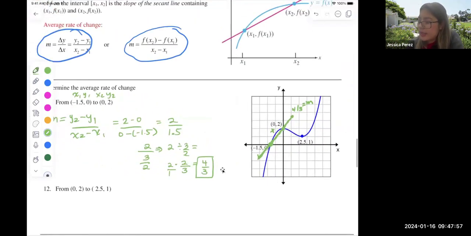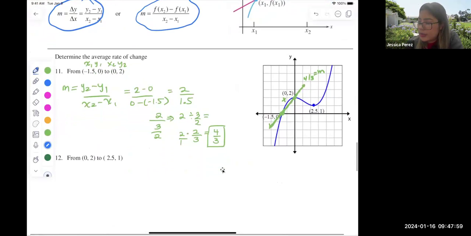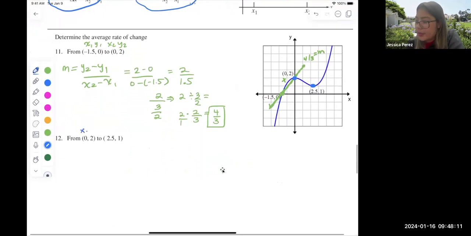Now, if I want to find the slope of the second one, which is what happens from here to here, notice that my line is actually going down. It's going to be negative, but we want to show that. So we begin with x1, y1, x2, y2.